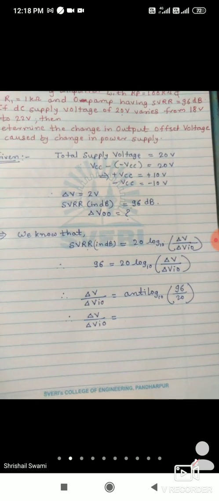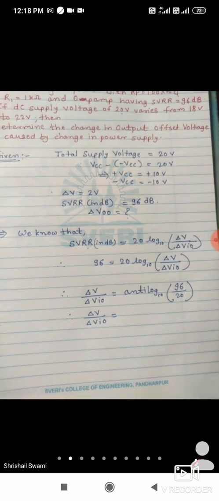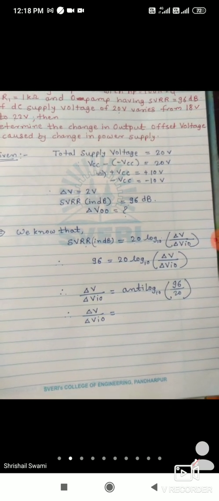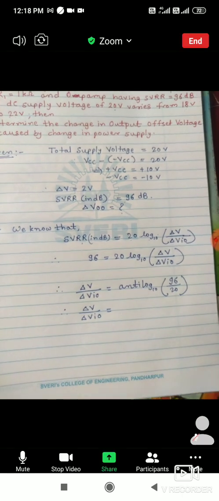Anyone quickly? किती येते सांगा? How much value you are getting? Very good.